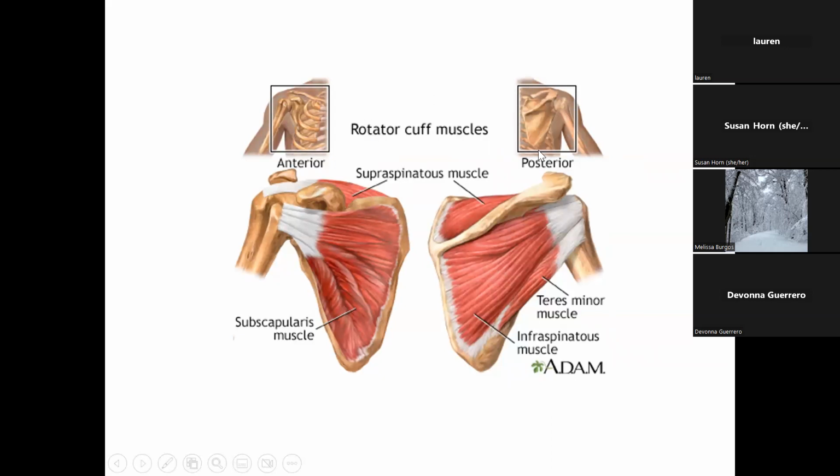They live right here. I'm showing you an anterior view as well, because it's easiest to get to the subscap from the anterior. But let's take a look at the others. Supraspinatus lives just above that spine of the scap.